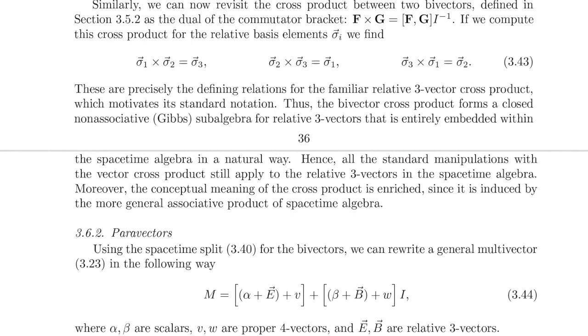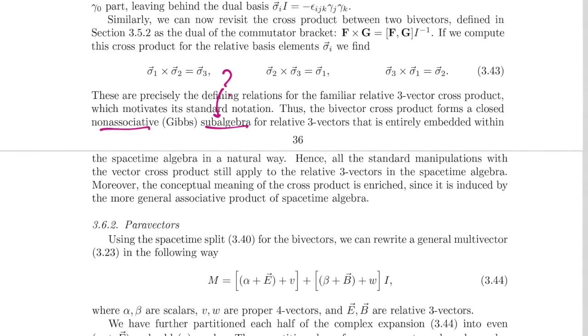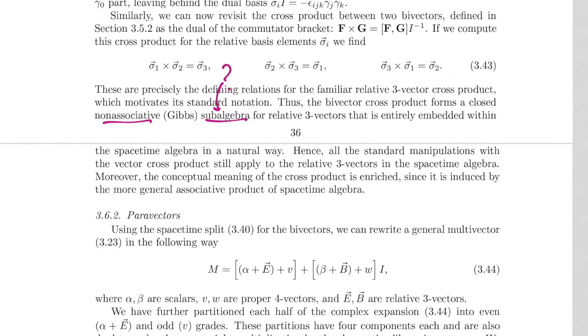So no word left behind. We've got the word non-associative taken care of. We've got this problem with the notion of subalgebra, because I just don't think that's appropriate. But it is a non-associative algebra that is embedded within the space-time algebra in a natural way.